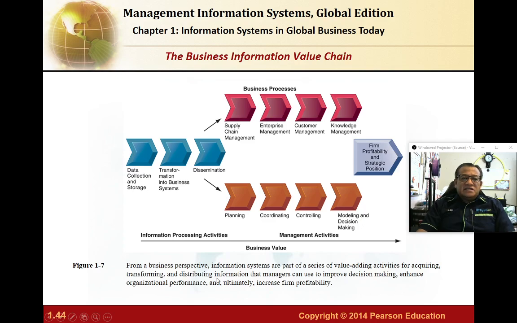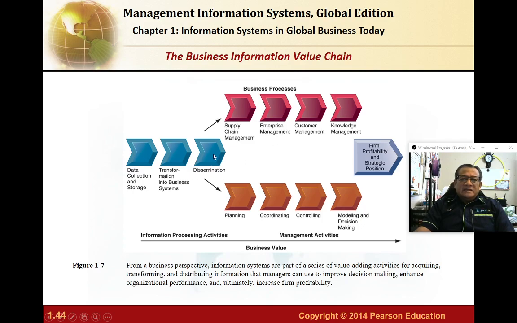Okay, so business information basically is a value chain. Basically, it is a chain of value, right? From collecting data, transferring data, and then it goes to the business process, supply chain. It goes to the company, and then managing customers, and then managing knowledge of customers and suppliers.